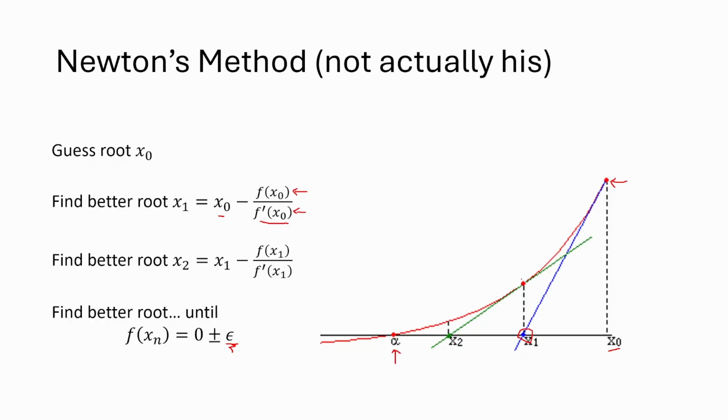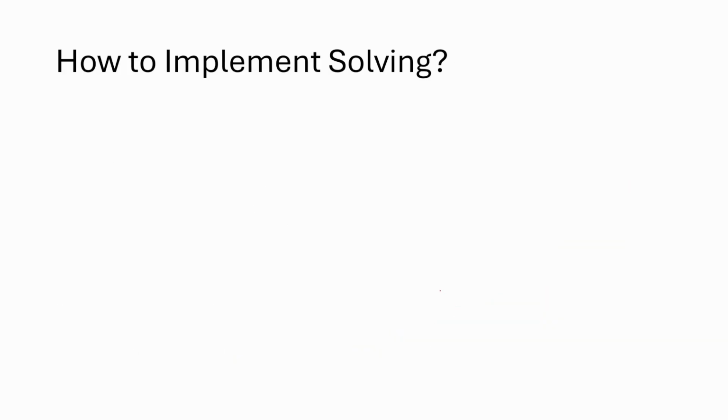And so now I take that point, I find the value of the function at that point, I draw a new tangent line, follow that tangent line backward until it hits the axis, and that gets me even closer to the zero point. And you continue this as many times as you want until you're as close to the true value as you want to be. That's Newton's method. That's actually the whole thing. It's not too crazy. Now, how do we implement these things?